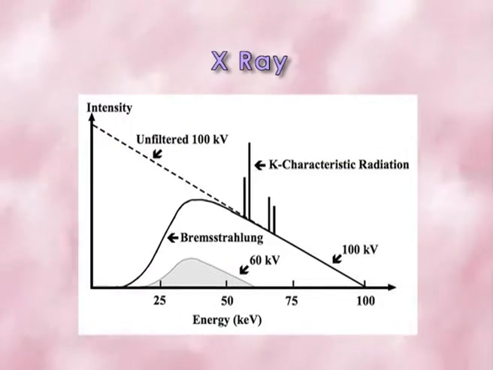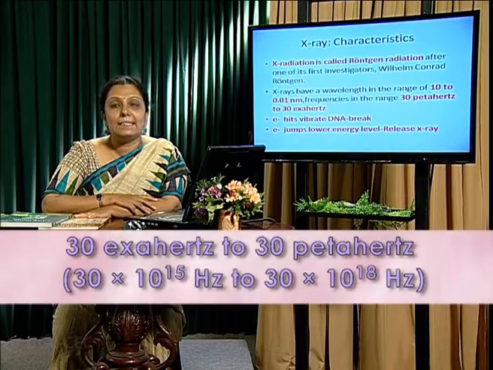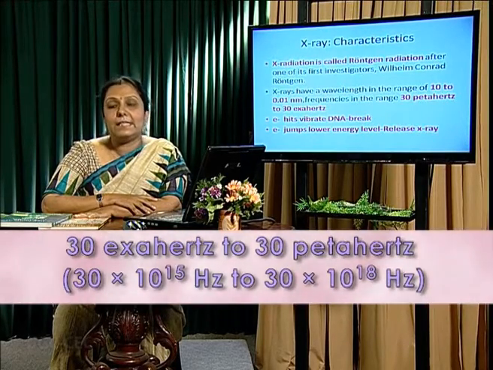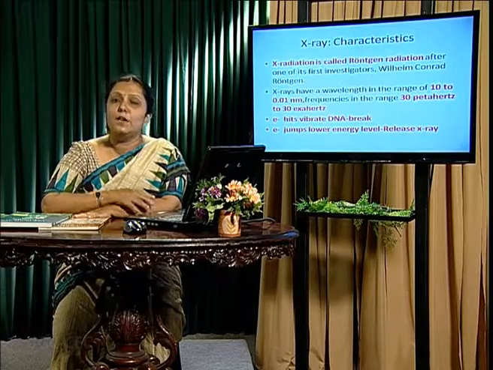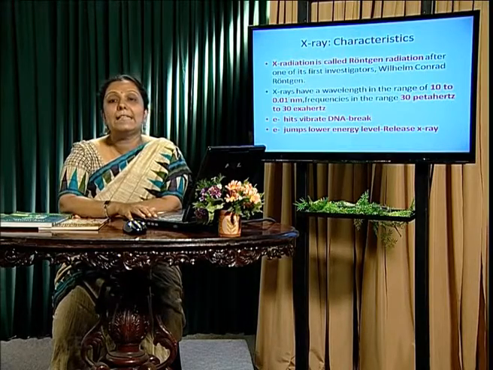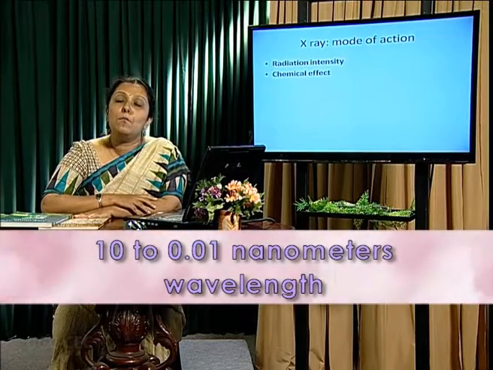It contains 120 kilo electron volt of energy. The frequency of the radiation is 30 exahertz to 30 petahertz, and it contains an enormous amount of energy, which can penetrate through biological material, and it has 10 to 0.01 nanometer wavelength.